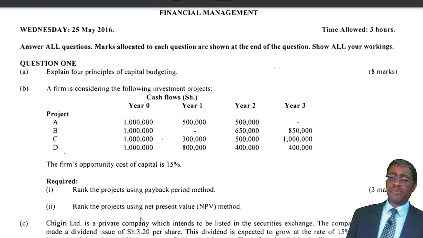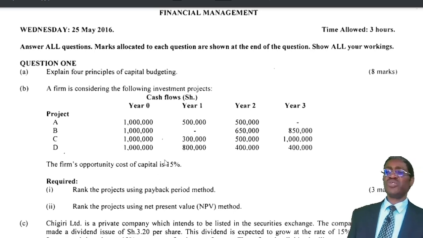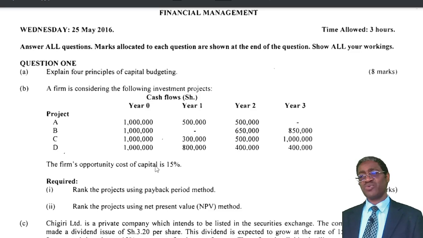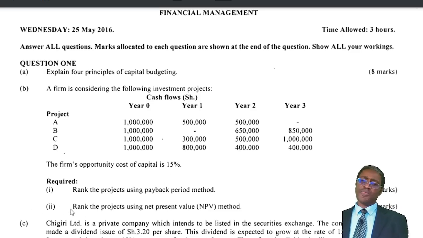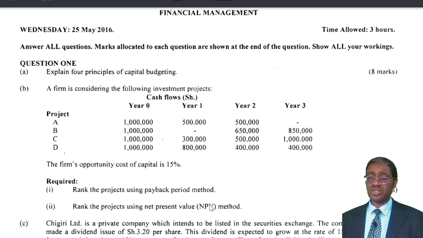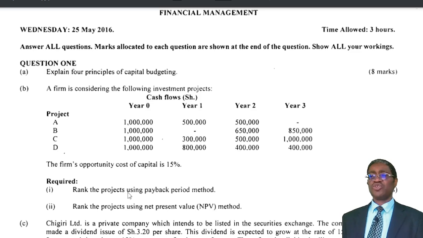For present value, that's where we consider time value of money, so we need to discount those cash flows at 15%. But we shall do part 2 once we discuss the net present value method. For now, my only concern is ranking the projects using the payback period.